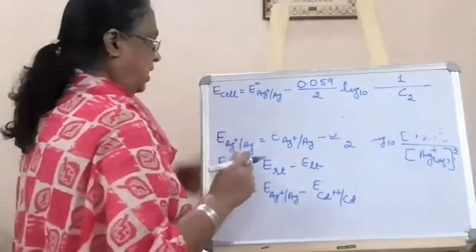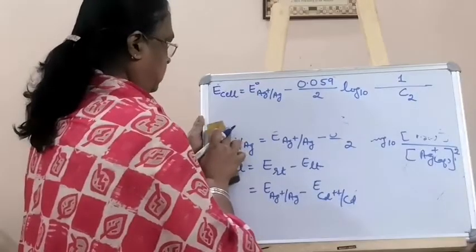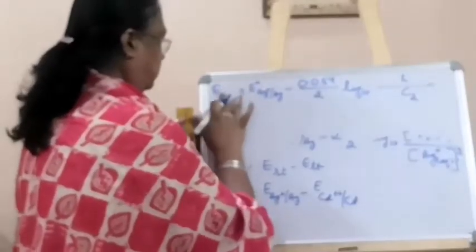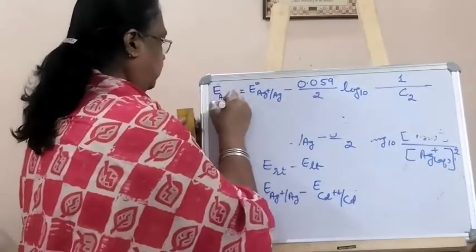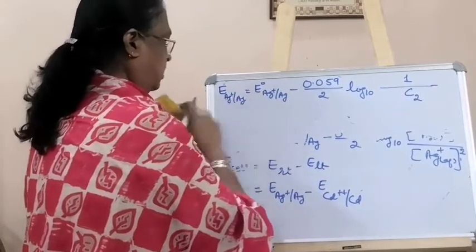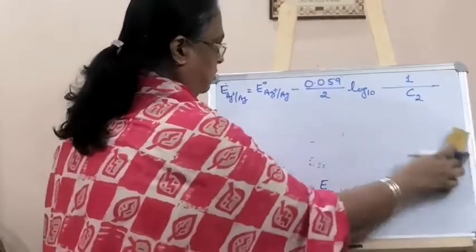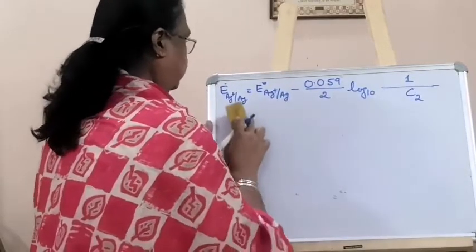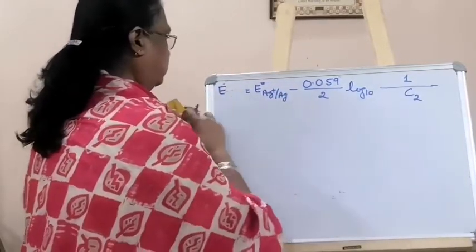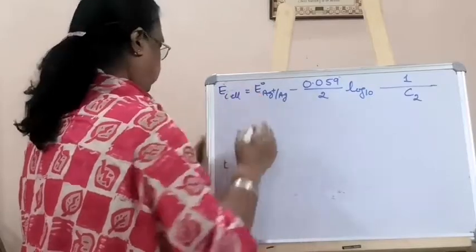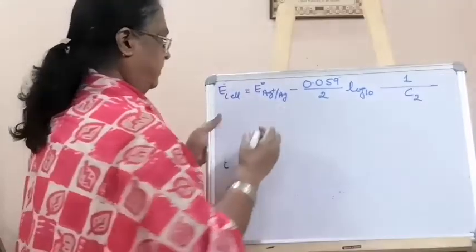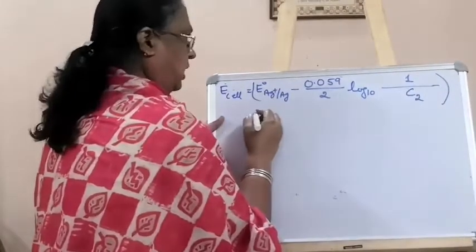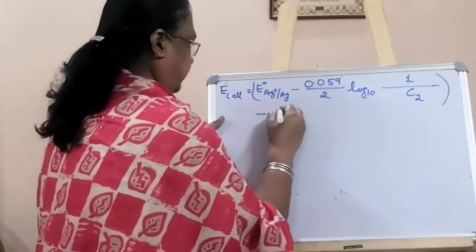Then another equation we can write. This was not E cell, sorry. This will be E silver ion over silver, because first we have to write for this half cell, or directly we can do E cell, no need to do it again and again. So this is E right and minus E left.